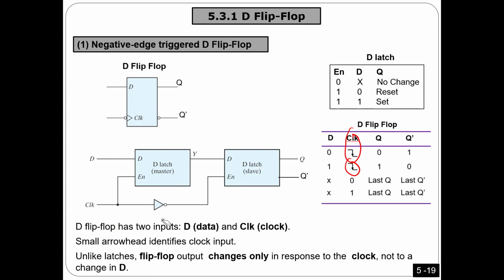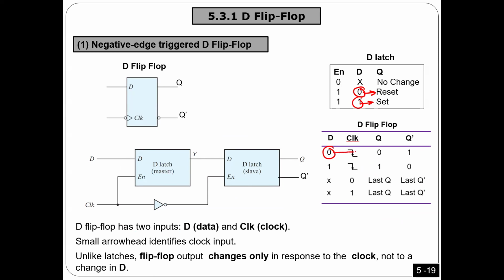Okay. So how it works is D flip-flop is exactly similar to D latch. It's almost the same way. You can add enable, by the way, but here I just made it simple. I didn't add enable, but still you can add enable if you want. Okay, but here if D is equal to 0, we make reset. If D is equal to 1, we make set. It's exactly the same thing.